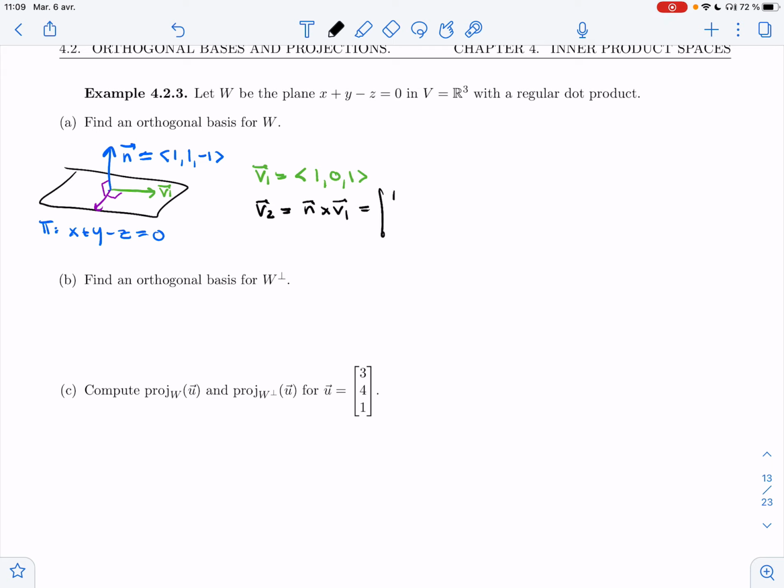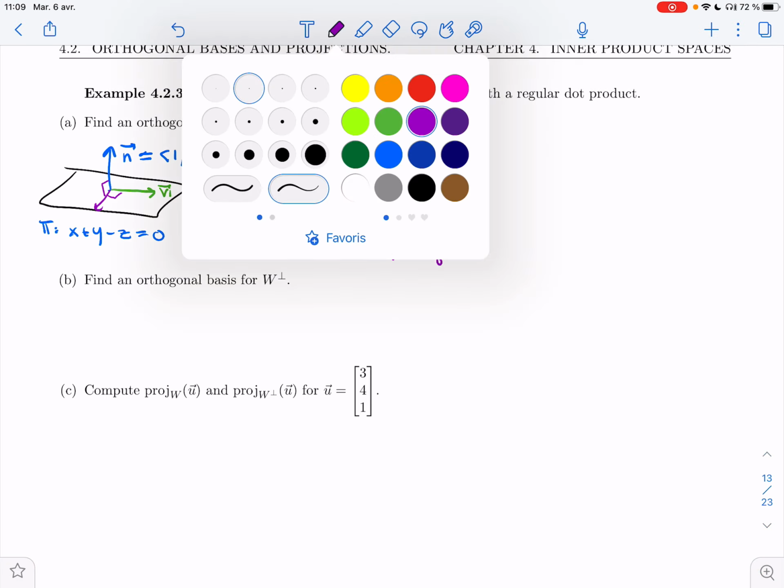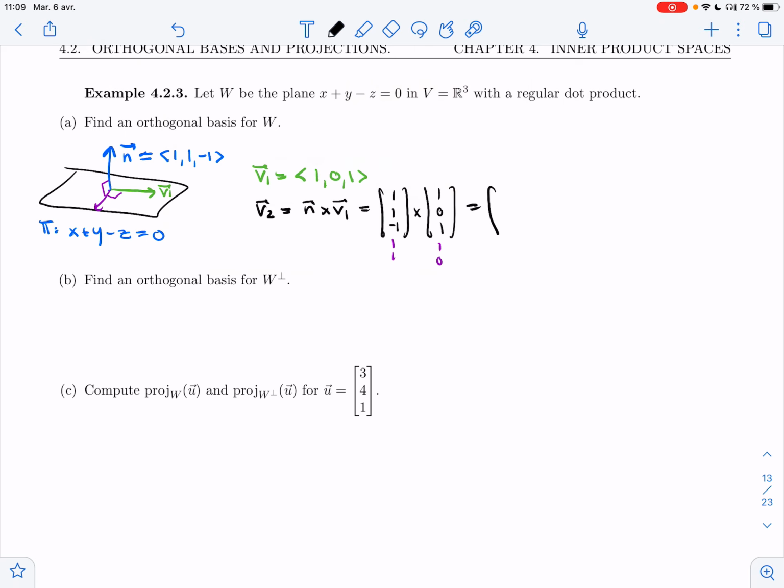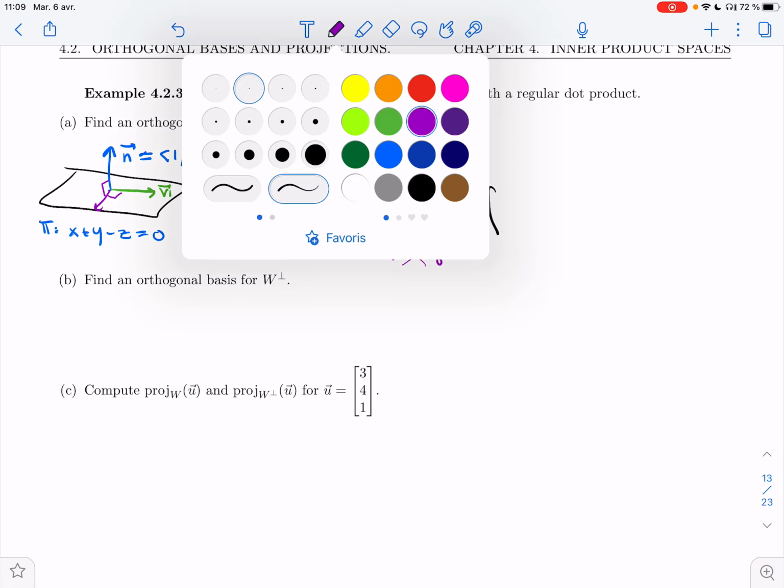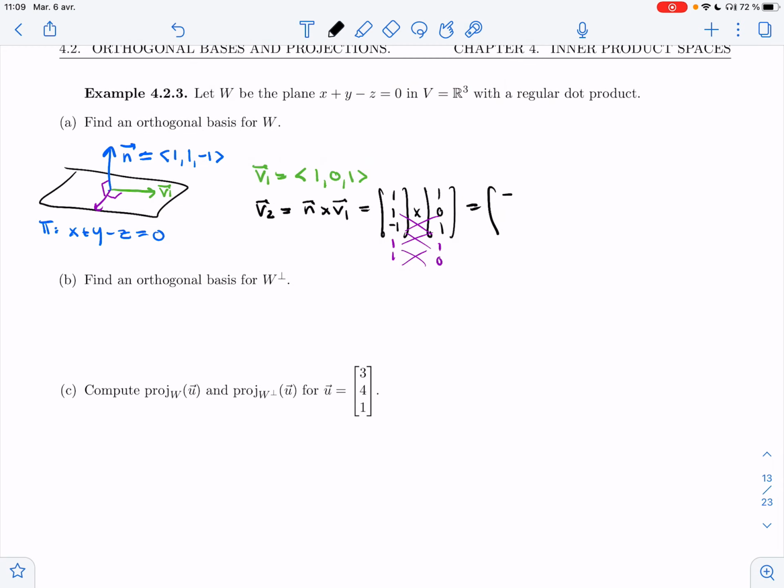So that's (1, 1, -1) cross (1, 0, 1). You can compute it using whatever notation you are used to. I like this one, so I'm going to take this, and this. I'm going to use minus 1 plus 0. I have minus 1, and I have minus 1. Wait. Oh no, minus 1, that's minus 2, sorry.